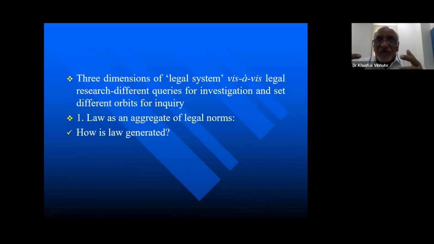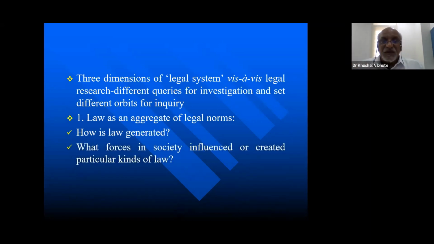So when I look at law as a normative science, probably I can think of a legal fact in the sense of how law is generated. How is that legal fact generated? Who initiated that law? Who were they who initiated this kind of norm, and who were they who opposed it, and on what reasons? So this becomes a legal fact for me.